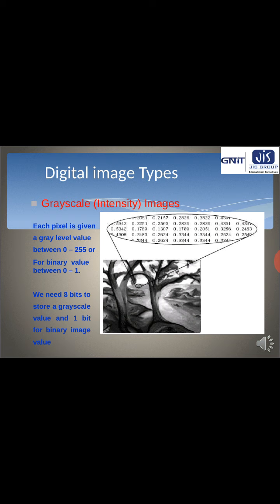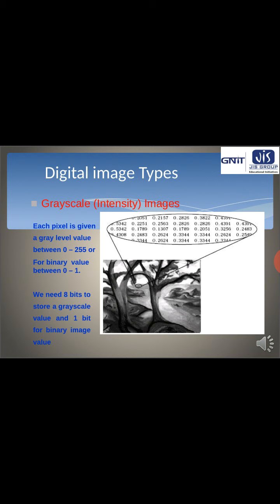Some of the shades are known as blackish gray and some as whitish gray. In this case, each pixel is given a gray level value between 0 and 255 because the total number of levels is 256. For a binary image, the value lies between 0 and 1 because the total number of values is 2. We need 8 bits to store a grayscale value and 1 bit for a binary image.